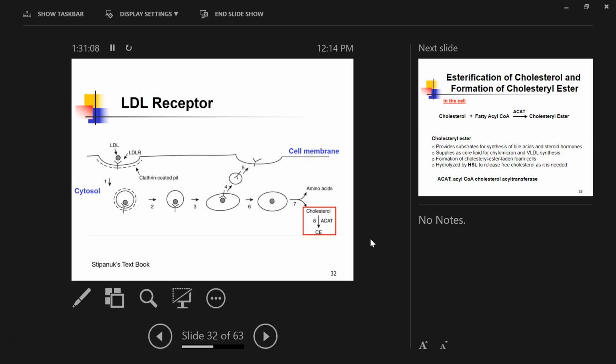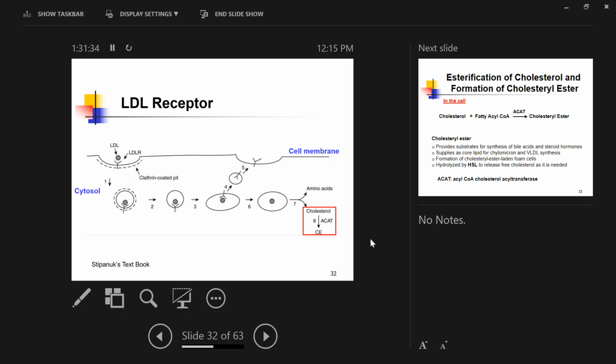And this is just a different version of LDL receptor-mediated endocytosis. Again, this is the cell surface, membrane, and cytosol. LDL binds its receptor and is internalized, and the membranes and receptors are recycled back to the cell surface.